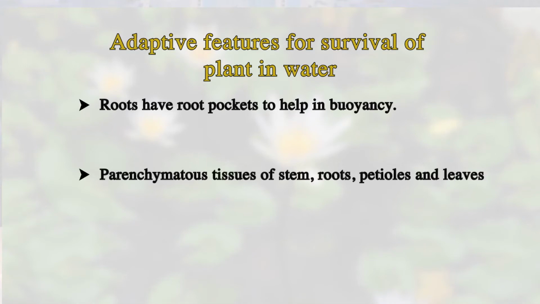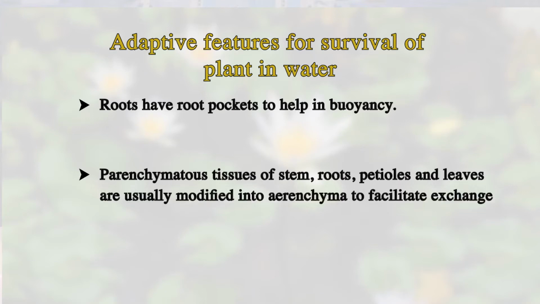Parenchymatous tissue of stem, roots, petioles and leaves are usually modified into aerenchyma to facilitate exchange of gases. As you can see in this slide of TS of leaf, lots of air spaces are visible.